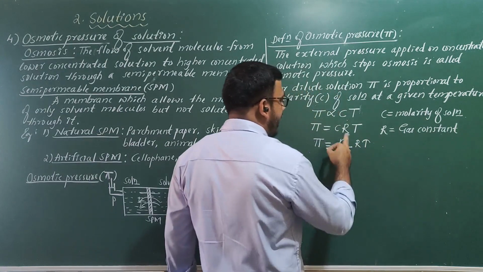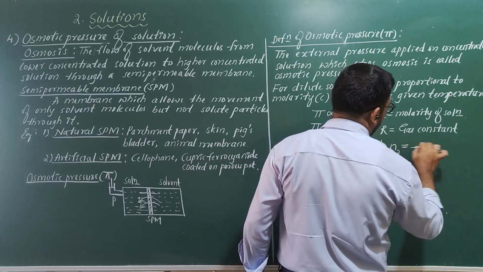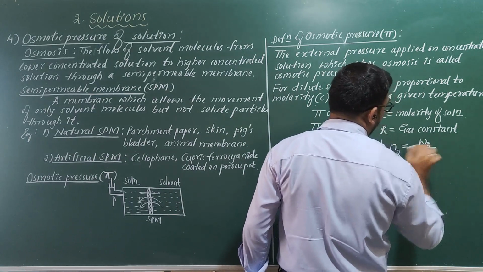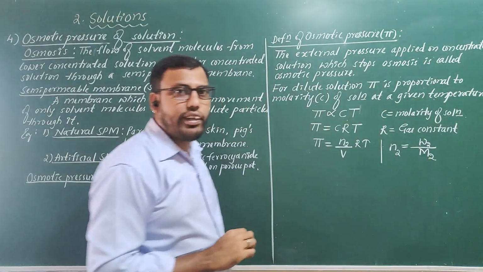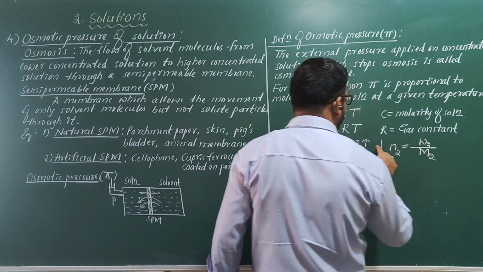Again, what is N2? Number of moles of solute is equal to mass of solute divided by molar mass of solute, W2 divided by M2. Let us substitute the value of N2 here.